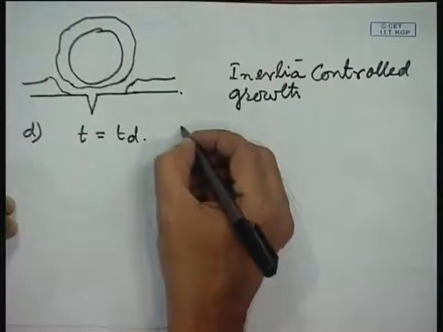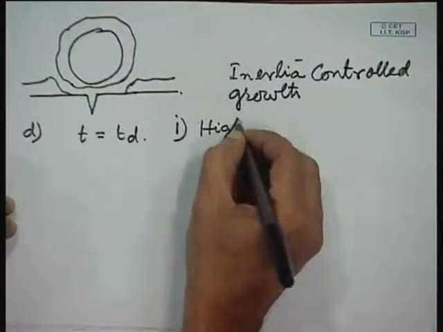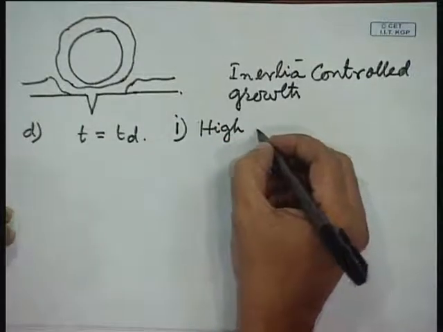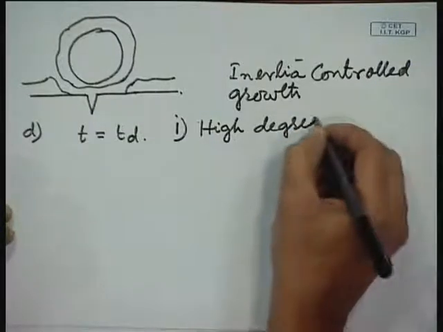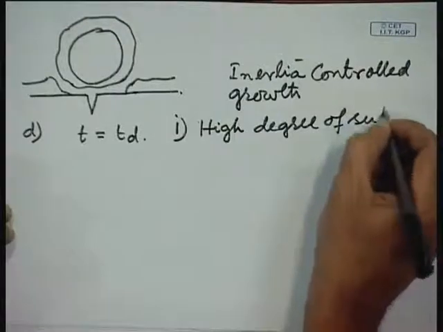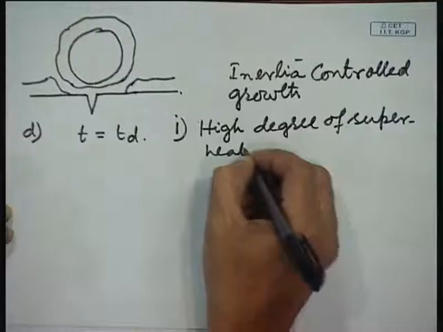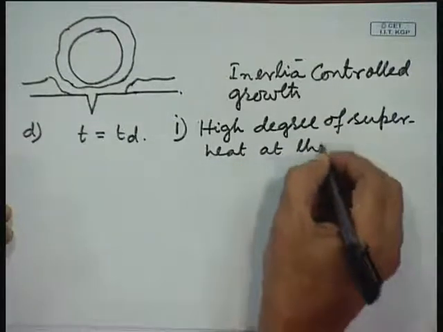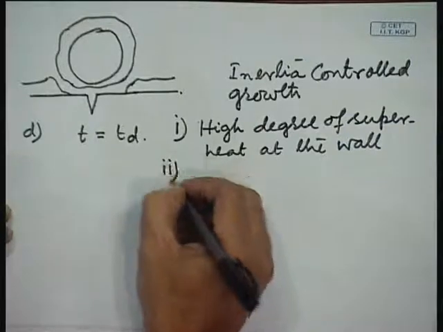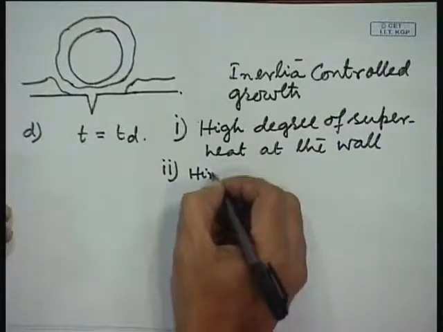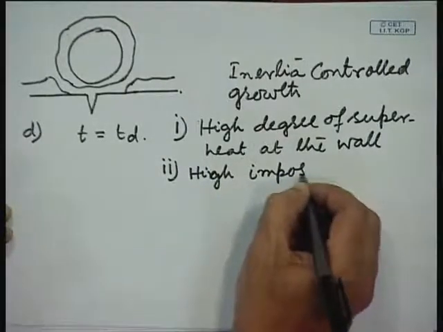Inertia controlled growth. First, it needs high degree of superheat at the wall. That means high wall temperature. Second, it needs high imposed heat flux.